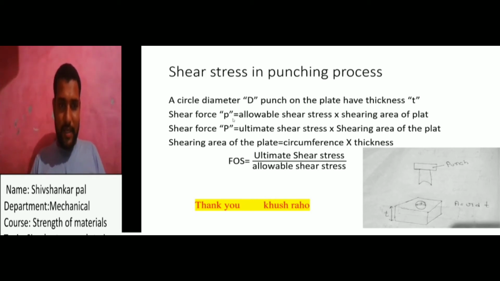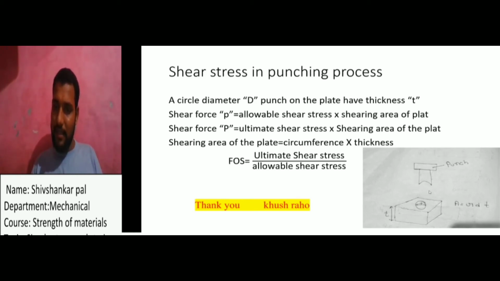Shear stress means the resisting load, the allowable stress, and the shearing area of the plate. Here suppose the force is applied in the form of an impact load. Allowable stress means, suppose the plate fails at 445 megapascal, but I have applied 335 megapascal.